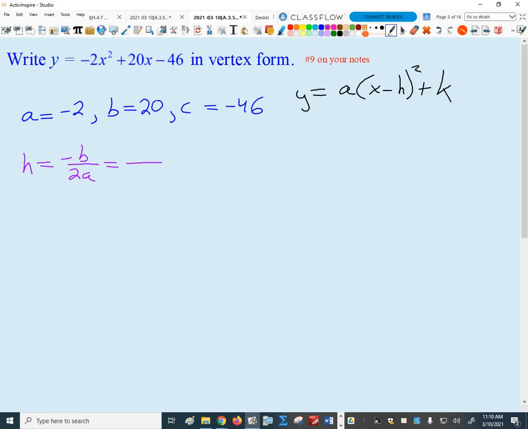If I make those substitutions, if I plug 20 in for b and -2 in for a, what do I get on the top and the bottom?